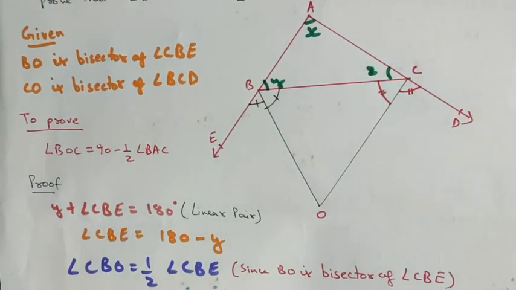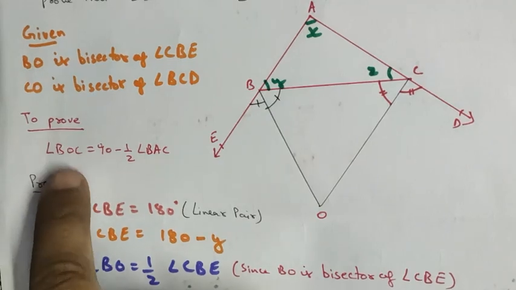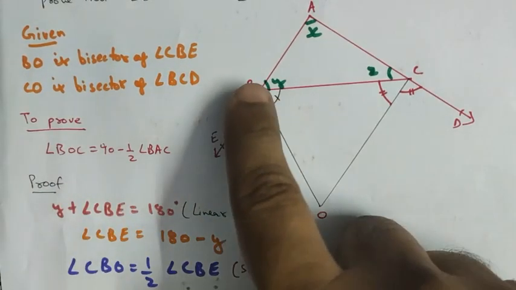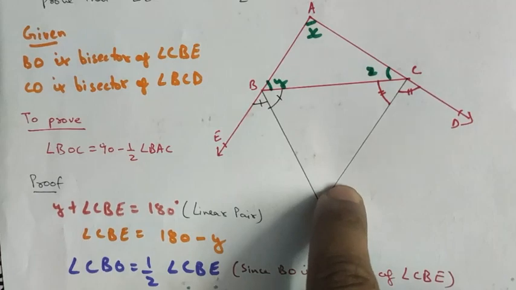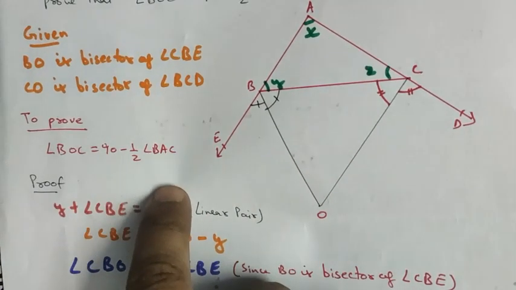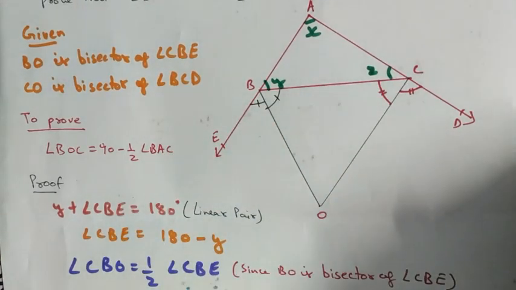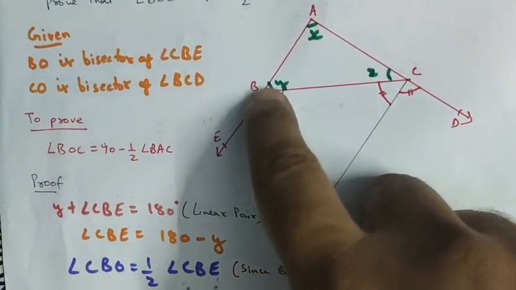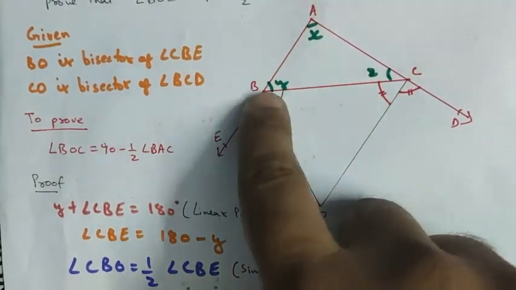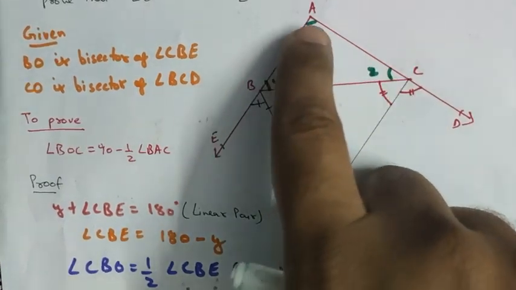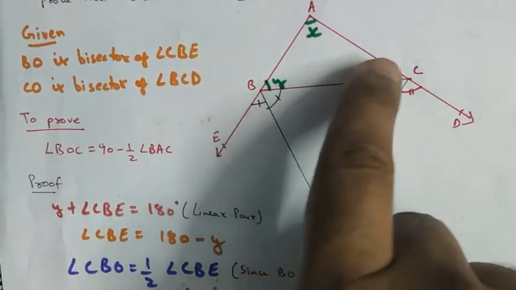We need to prove that angle BOC is equal to 90 minus half of angle BAC. Angle BAC is given as X, angle ABC as Y, and angle ACB as Z.